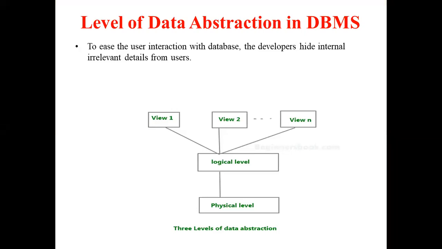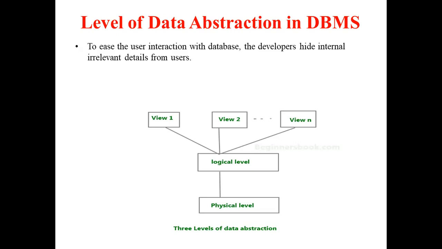As a common person, we are not required to go into details about all the organization of the database. Depending on the user's needs, we provide the data related to that need by hiding all the unwanted, irrelevant details. That is called data abstraction.